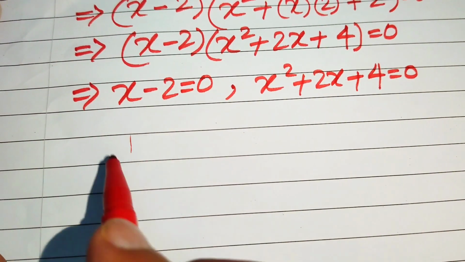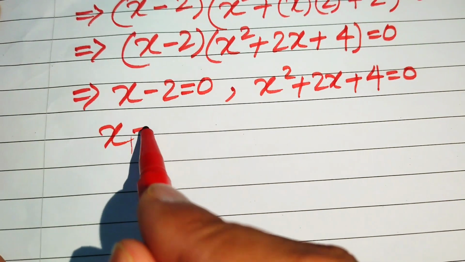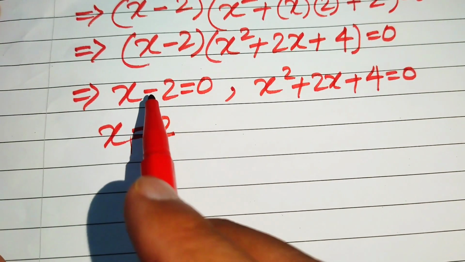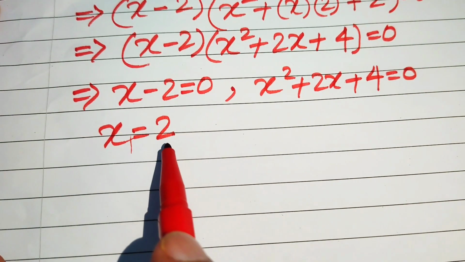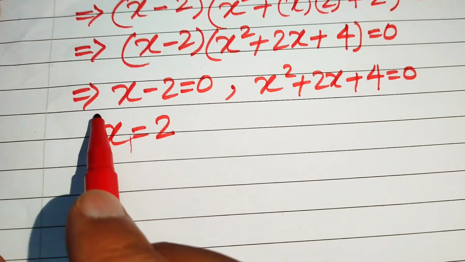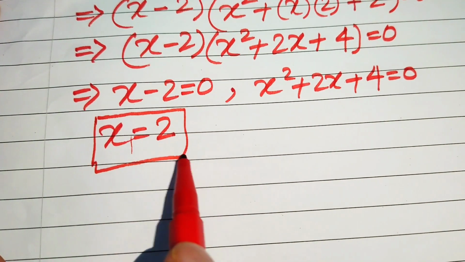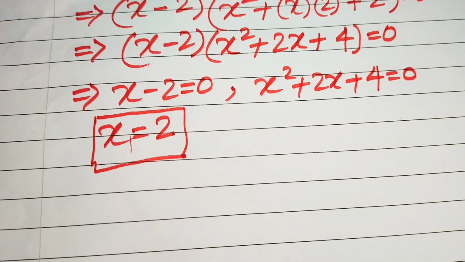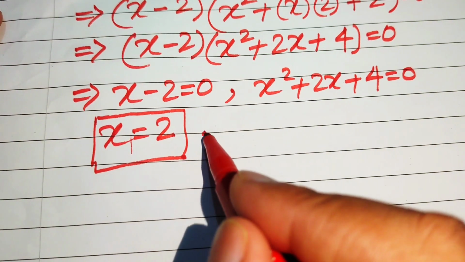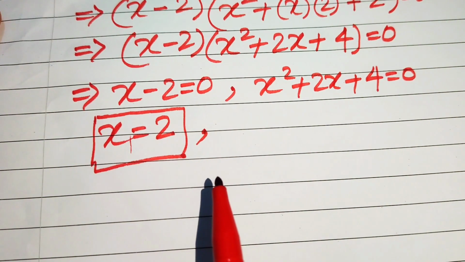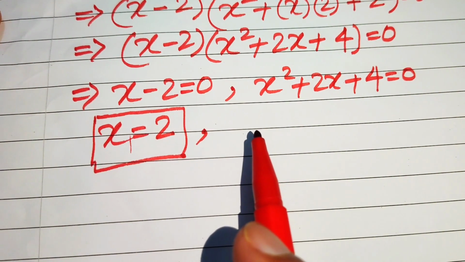From the first case we easily get x = 2, because when we move the minus 2 to the right-hand side it becomes plus 2. So this is our first real value of the given equation, and now we move towards finding the other solutions.